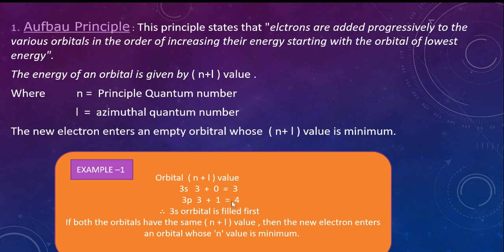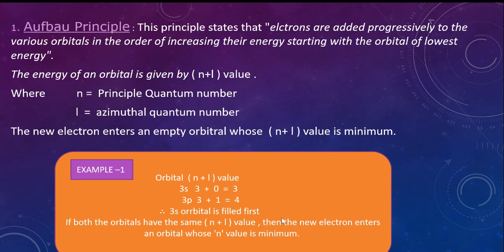Now, these are different orbitals having different n plus l values. For example, for any two electrons, if the n plus l value is the same, then the electron will enter the orbital whose n value is less. For example, here I have taken 4s and 3p orbitals.